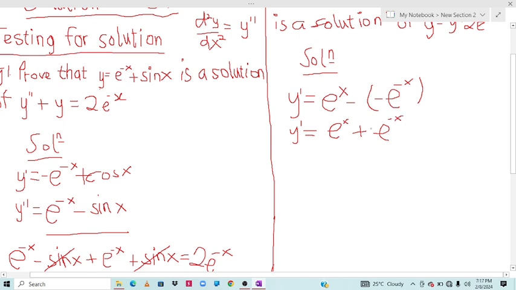You would ask yourself, why is it plus? You can see that we already have a negative there, then in the brackets we also have a negative e^(-x). So the negative is going to nullify the other negative, making it positive.